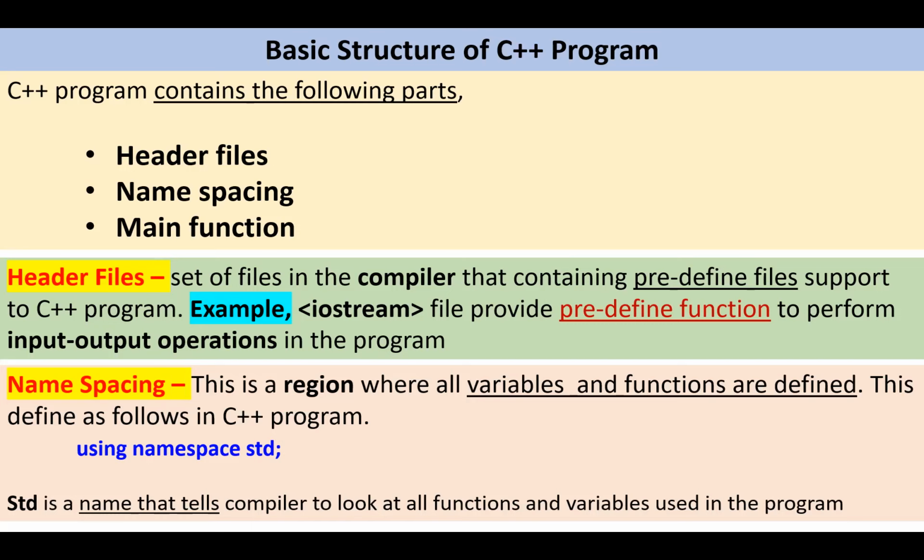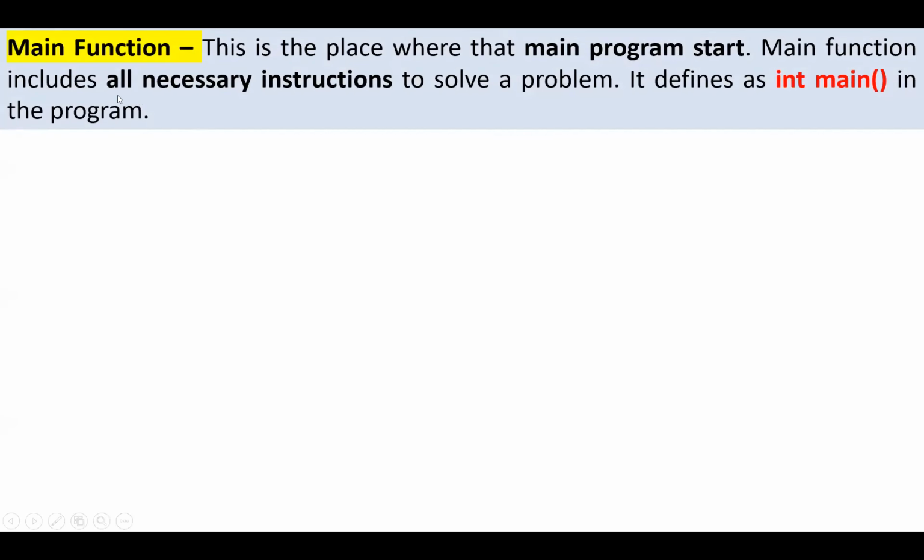Now we move to the next section, the third section, main function. I am moving to the next slide. Third section, main function. Main function is the place where you start your program, the main program.